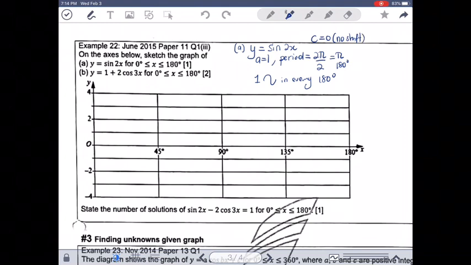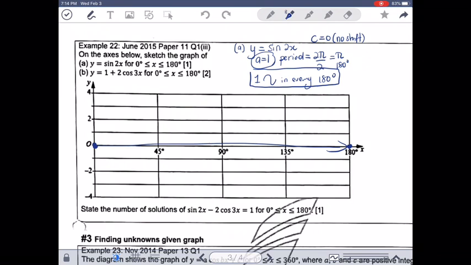Now we are going to draw our sine graph. Okay, let's see. So the amplitude is 1. There will be one cycle in every 180 degrees. So in this range of 180 degrees, there will be only one cycle. So we will have amplitude 1.